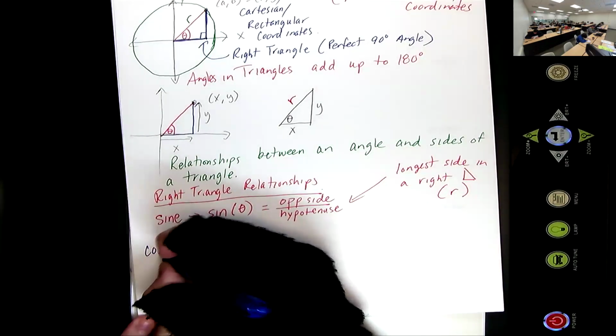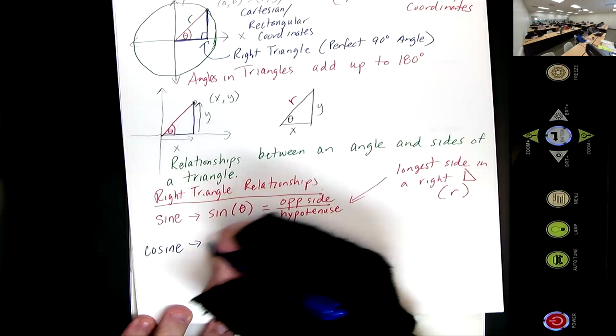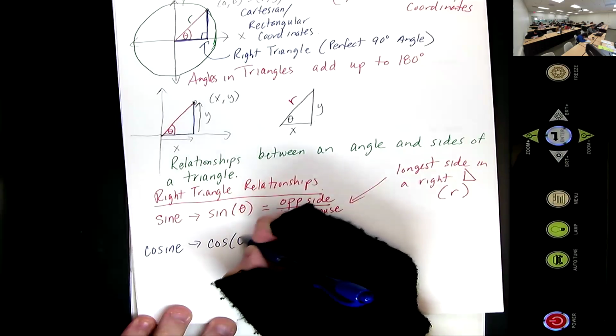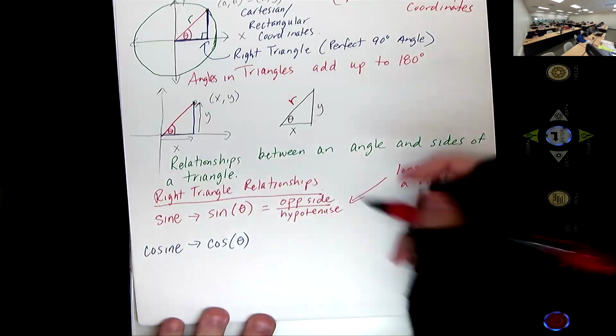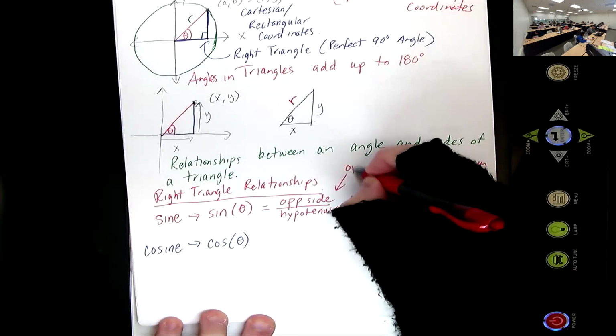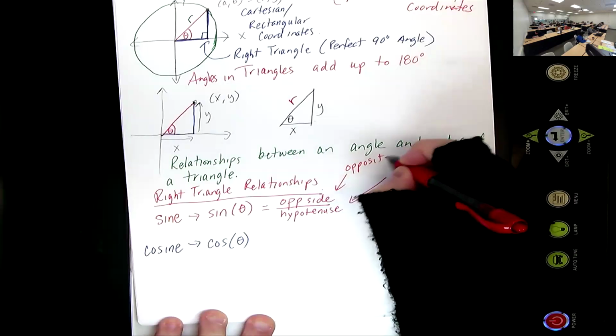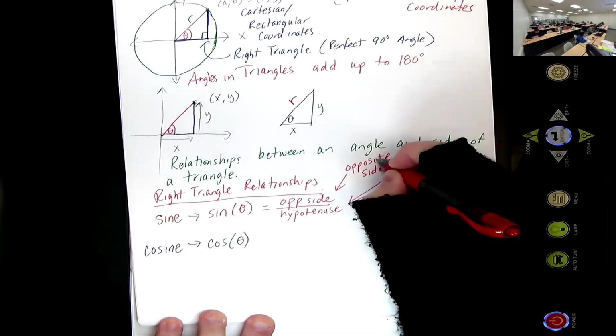Cosine is abbreviated cos. I was a little lazy there. That should say opposite side, and I just wrote opp.